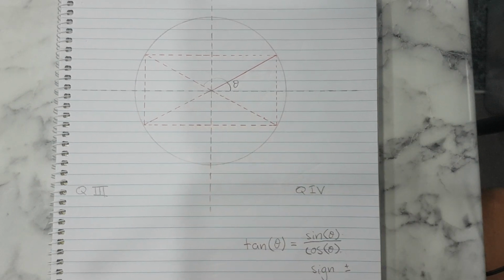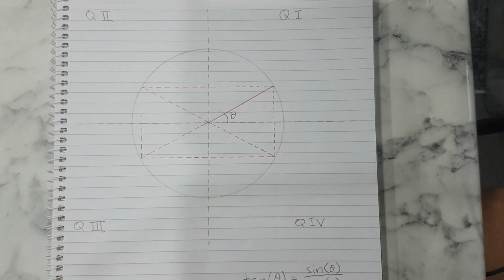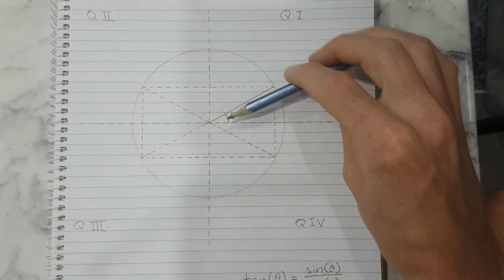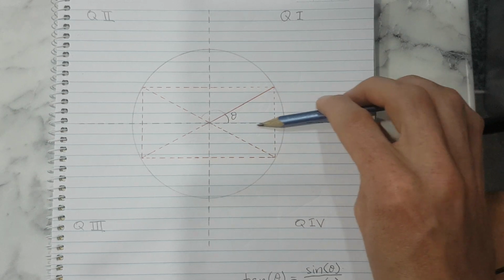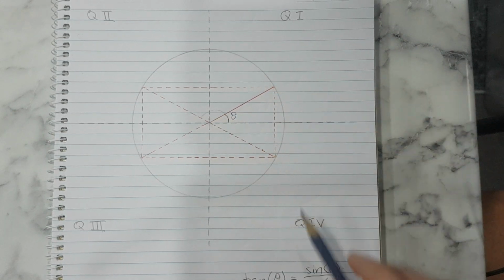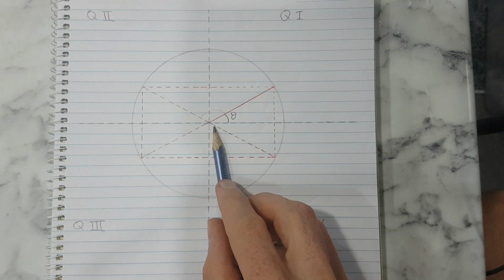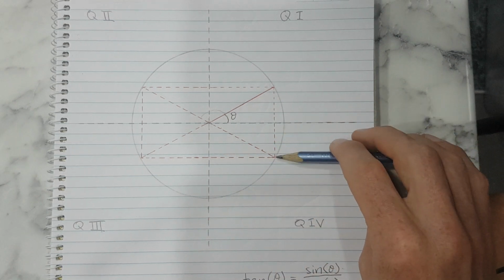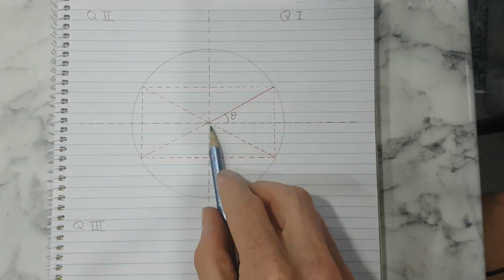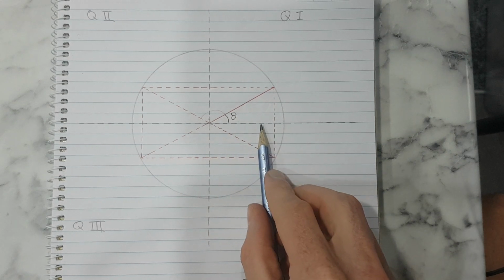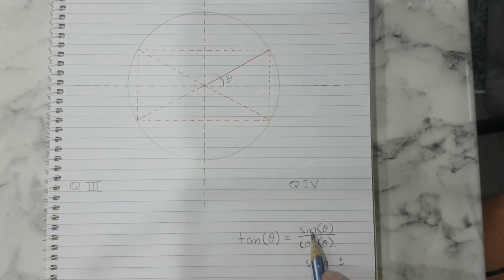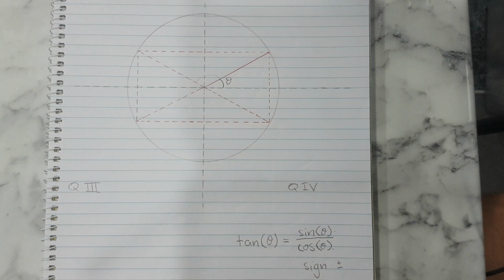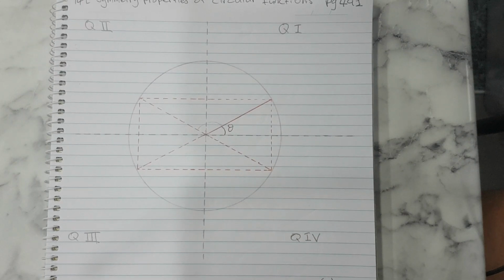So tangent is positive in quadrant 3. Quadrant 4, we're looking at this triangle here. So sine, negative direction, so sine is negative, cosine the positive direction, cosine is positive. So these two again, this time have opposite signs. Sine is negative, cosine is positive, so the tangent in quadrant 4 is going to be negative.